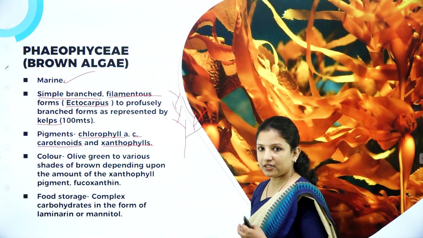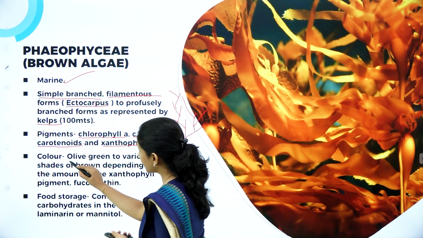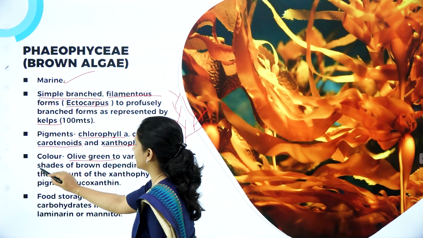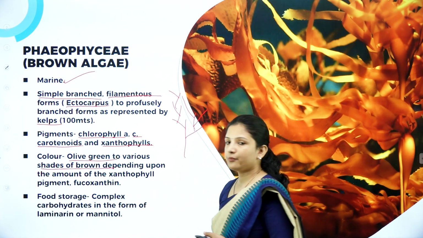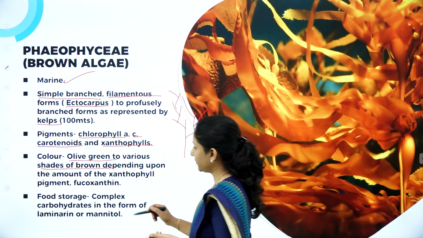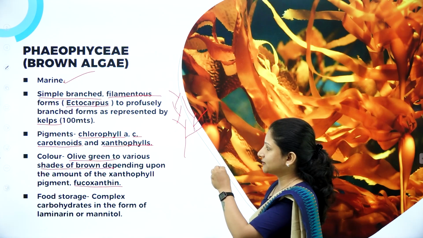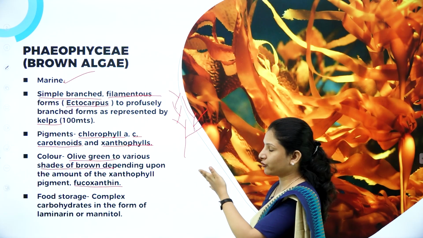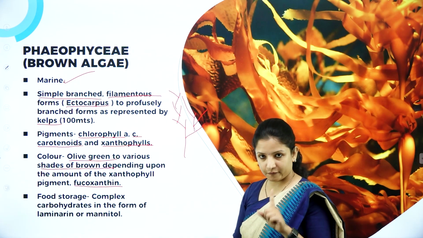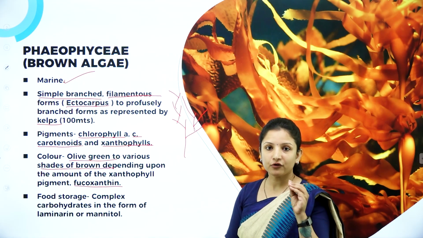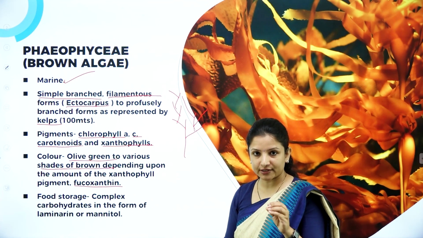And because they have these pigments, they are olive green to various shades of brown in color, depending upon the amount of xanthophyll pigment, that is fucoxanthin, that is present. So though they have these pigments, that is chlorophyll A, C and carotenoids, there is one particular pigment which is a xanthophyll pigment, that is called fucoxanthin.